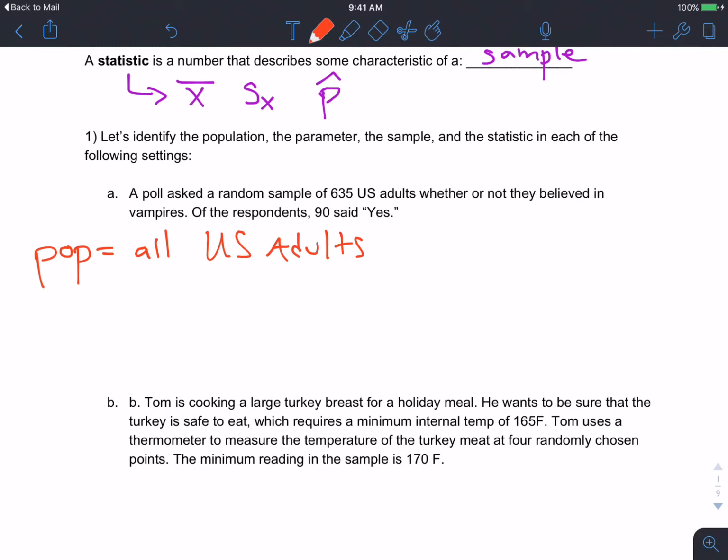The next thing we want to know is the parameter.